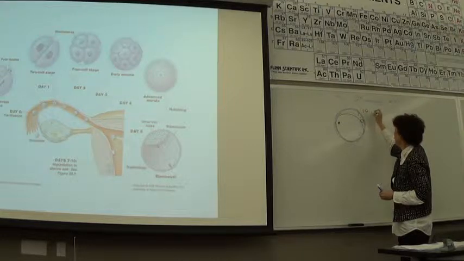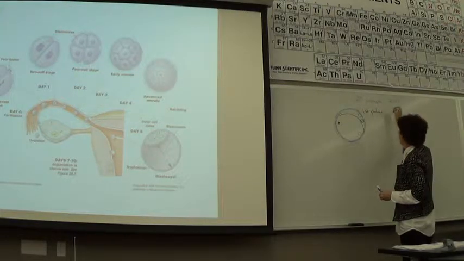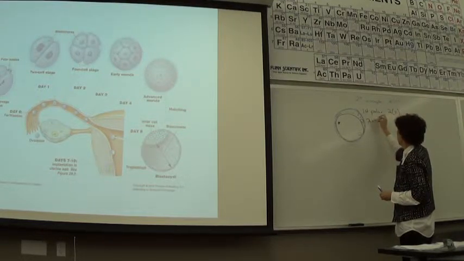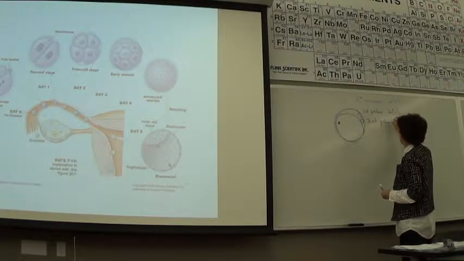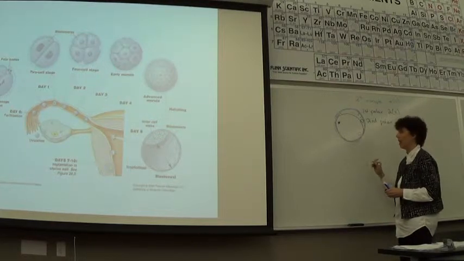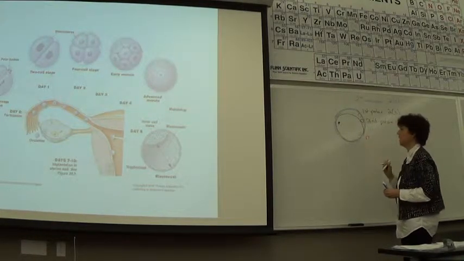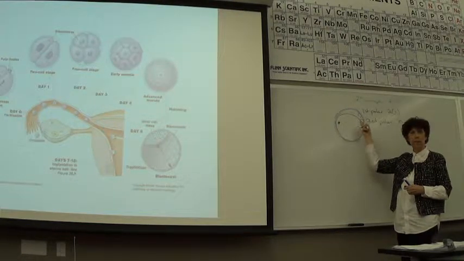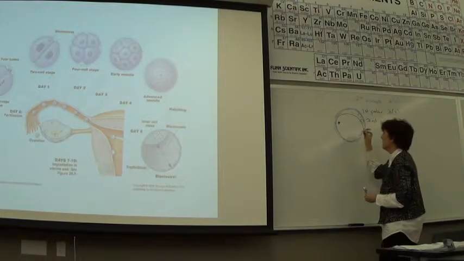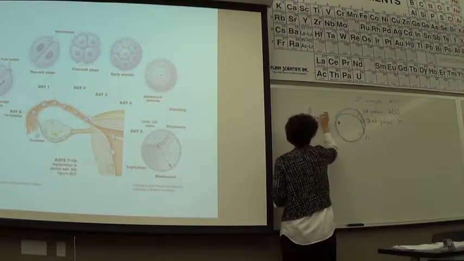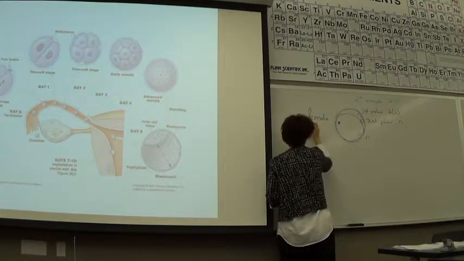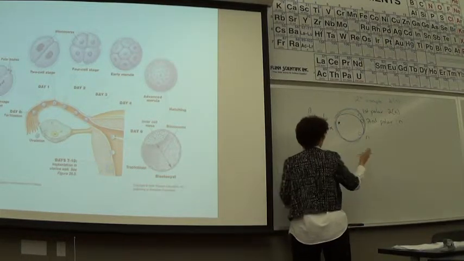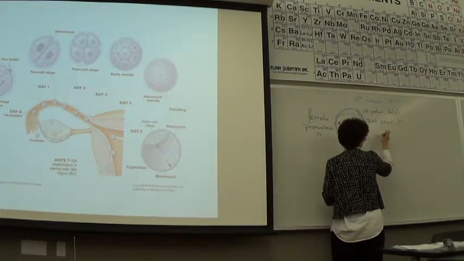So first polar body, which remember was also 2N, second polar body, which is now just N. Our sperm is also N, right? And now this is N because it split when we had the second meiotic division. So we have a female pronucleus, which is N, and the male pronucleus, which is N.